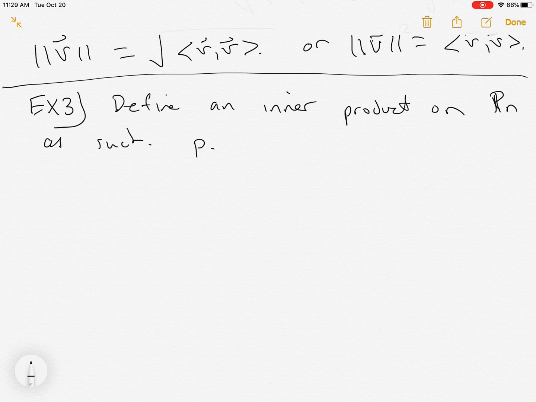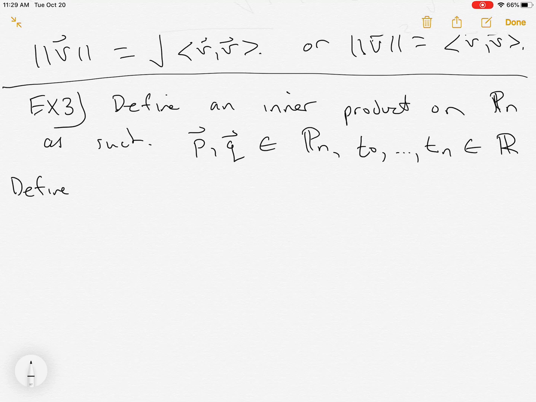If you let P and Q be polynomials in Pn, and let T naught down to Tn be real numbers, inputs, define the inner product of P and Q by this cool evaluation.